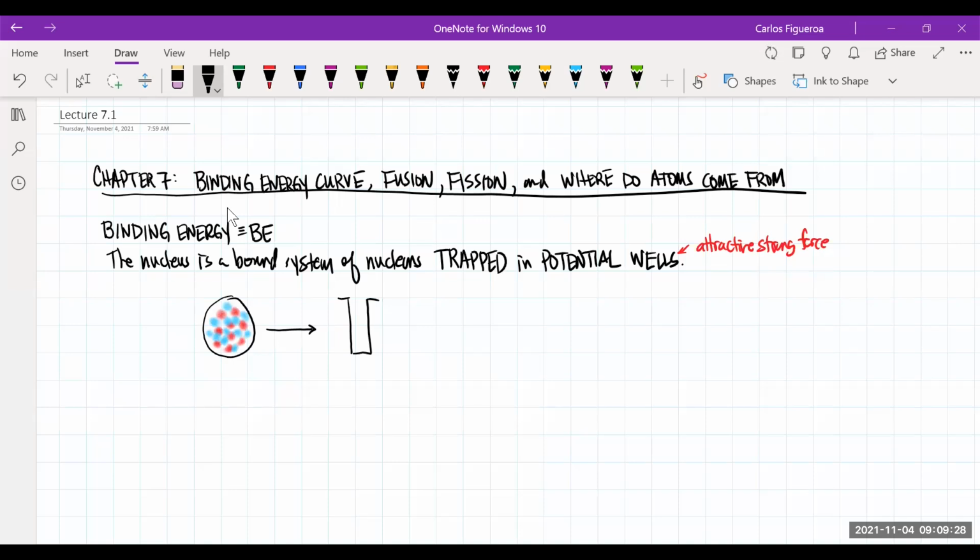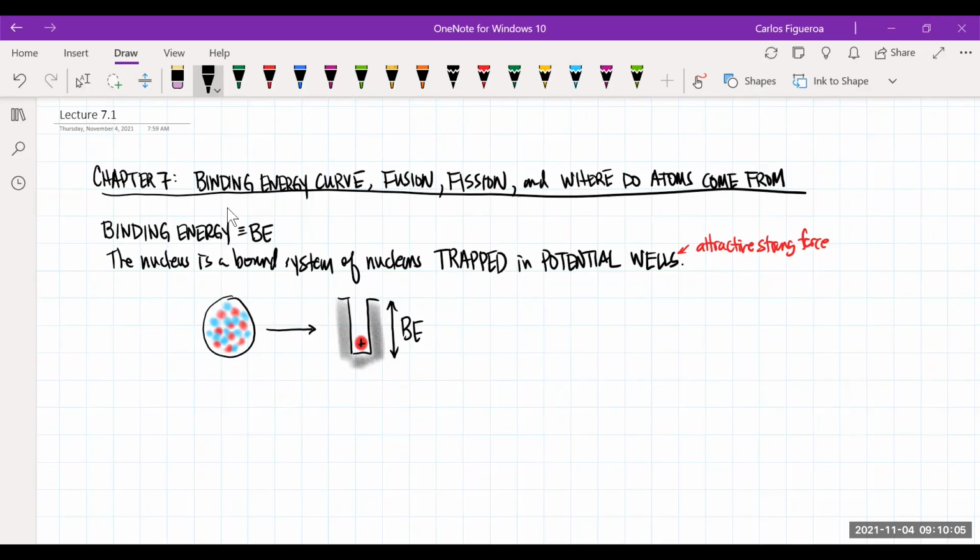And so when I'm thinking about this potential well, we know that there's this forbidden region where a trapped nucleus cannot get out. So if I put, let's say, a proton or a neutron in here, then this represents the depth of this potential well. So that's how we model it. The picture on the right is a much better model than that.